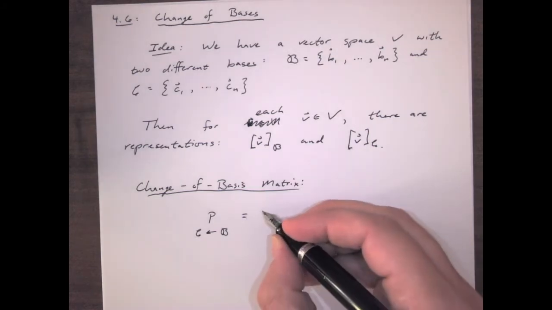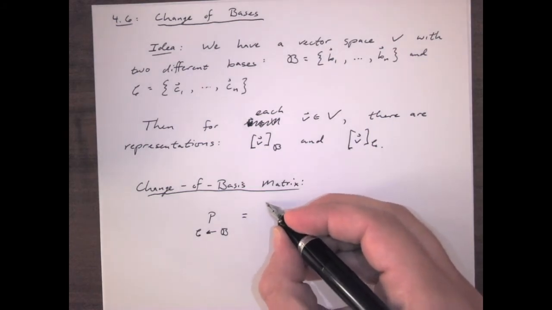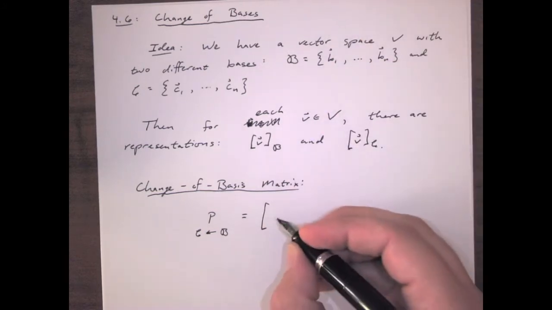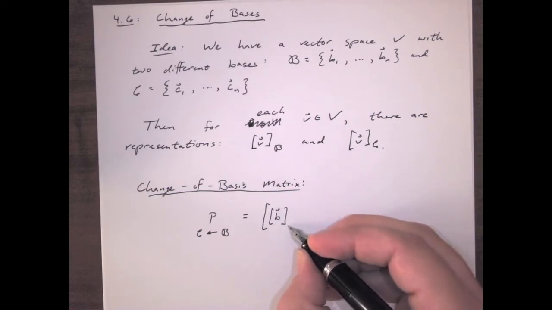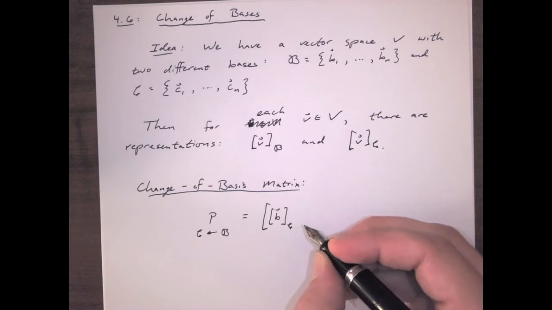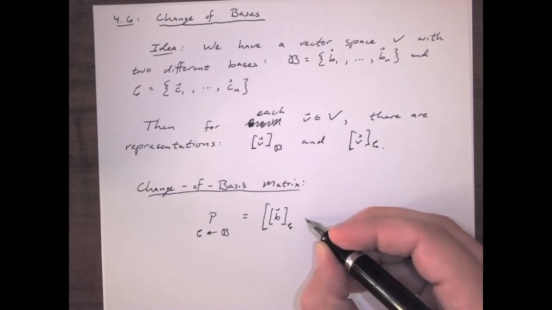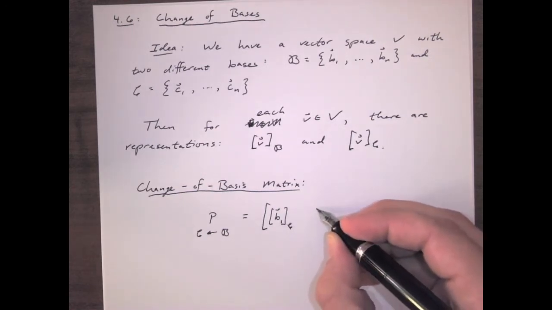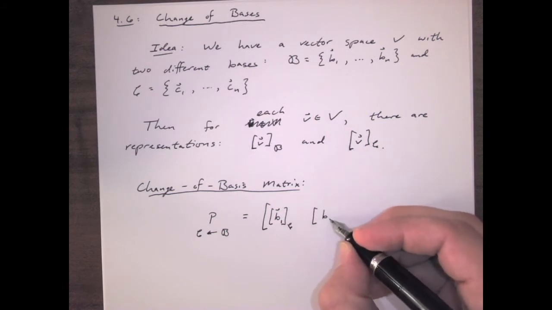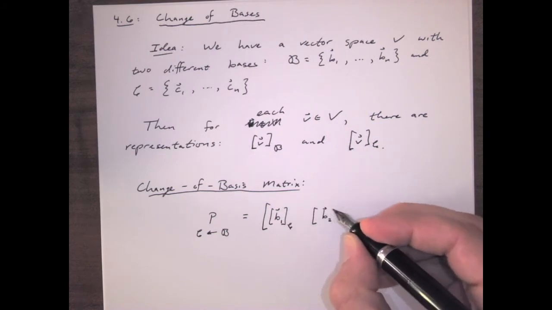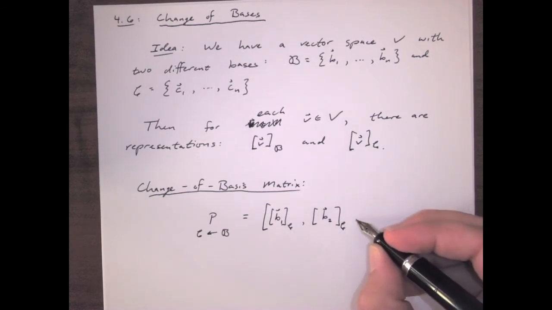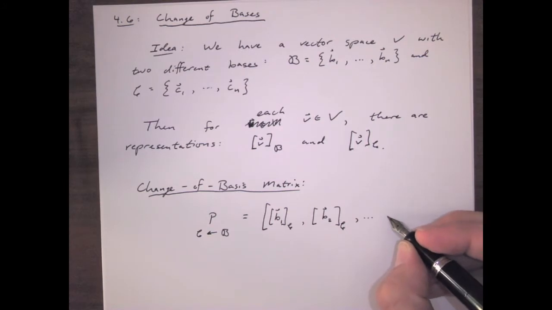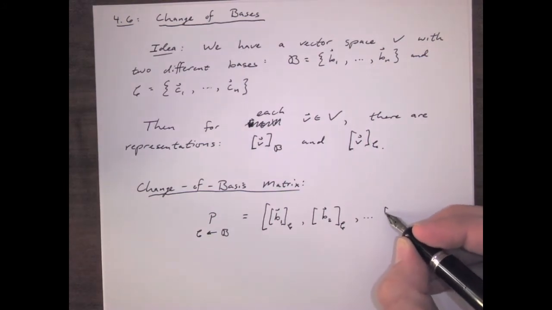And what this actually means is this. We're going to take column 1 to be the representation of basis element 1 from B and express that with respect to C, and then the next one is going to be column 2 of B expressed with respect to C, etc., up to column n.